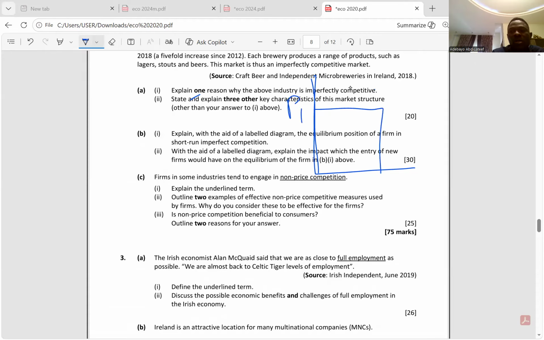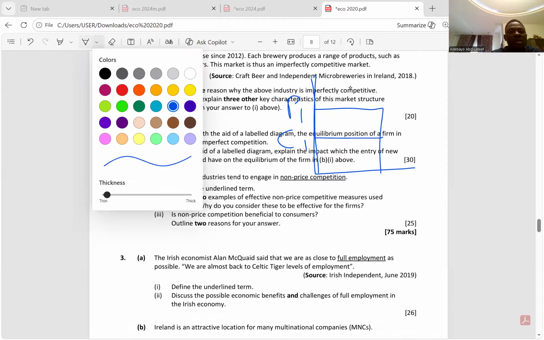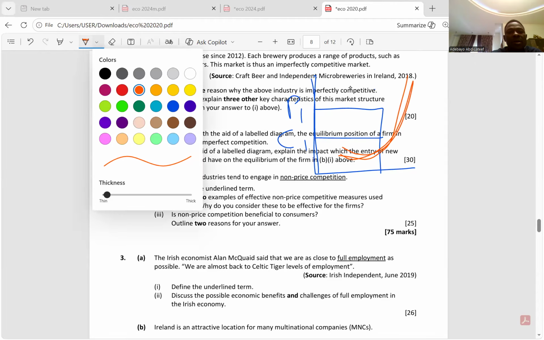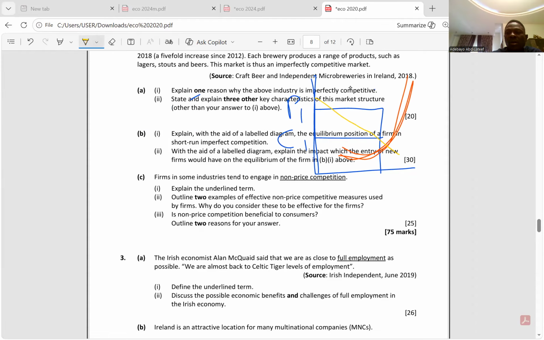So we have P1, C1. Because the firm makes supernormal profit, let's use other colors. These are marginal cost. Then we have marginal revenue, then average revenue.